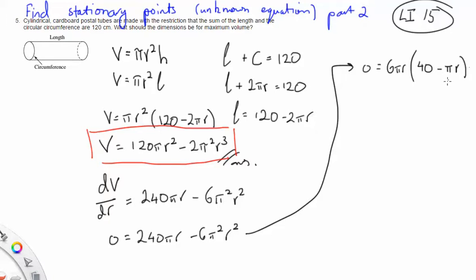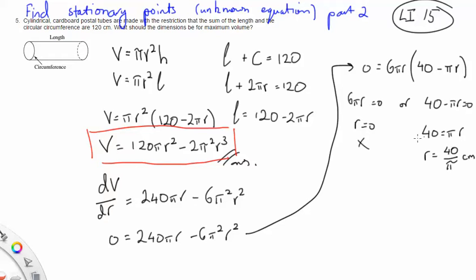Alright, so now we can use null factor law. So for this part, either 6 pi r equals 0 or 40 minus pi r equals 0. So over here we have r equals 0. That's no use to us. What good is that? It has radius 0, so it doesn't exist. Alright, we have to look over here. 40 equals pi r, so r equals 40 on pi, and the units are centimeters.